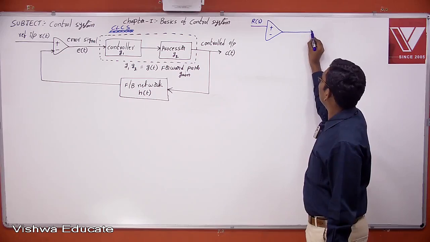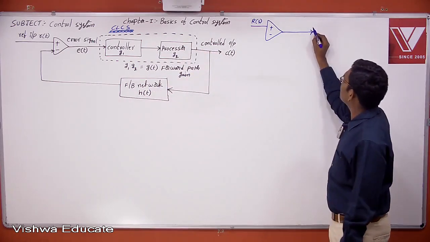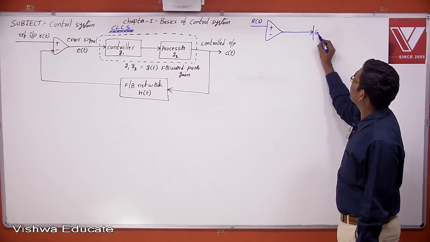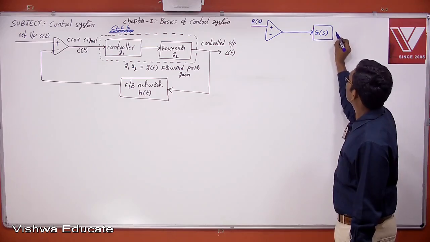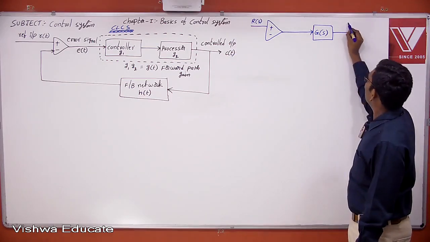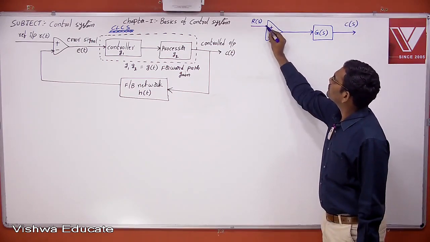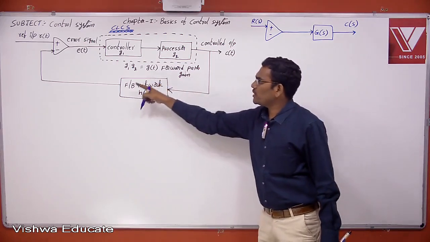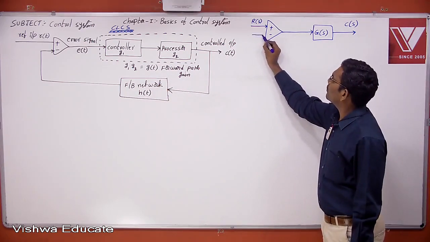The Laplace transformation of forward path gain g of t is g of s. The Laplace transformation of c of t is c of s. The Laplace transformation of feedback network gain h of t is h of s.